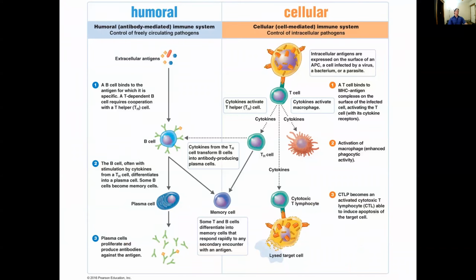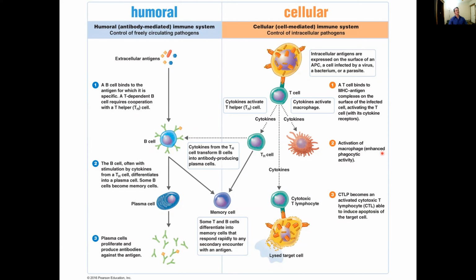Okay, again, here we just have a quick overview of the two processes that we have discussed in our last two lectures. I'm not going to run through all of it again. I just want you to remember the primary differences. First, there's humoral immunity, also called antibody-mediated immunity, which is specifically directed at freely circulating pathogens, and depends on the B cells.